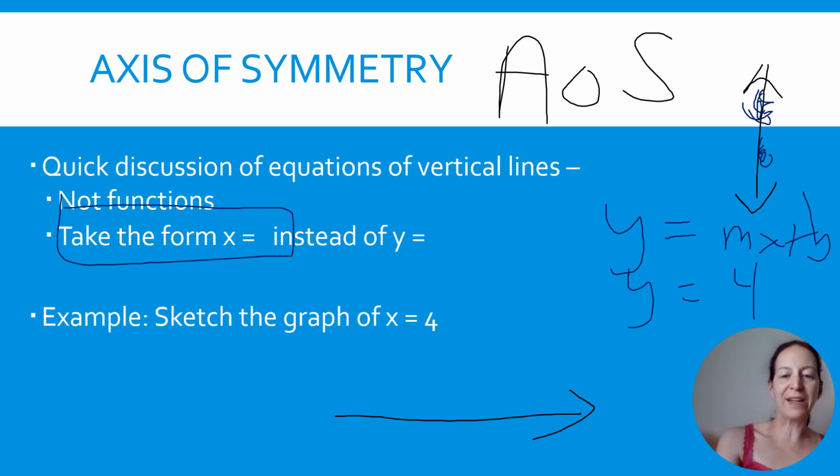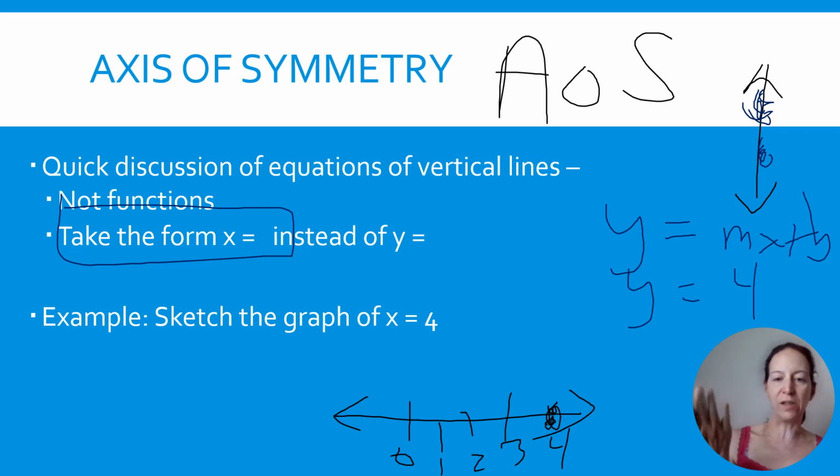One way you might answer that is to just look at a regular old number line. So 1, 2, 3, 4, and you might say, okay, x equals 4 is just the point or the dot at x equals 4.